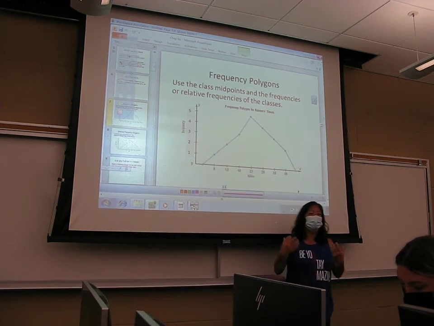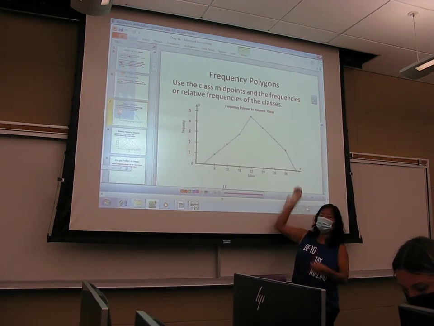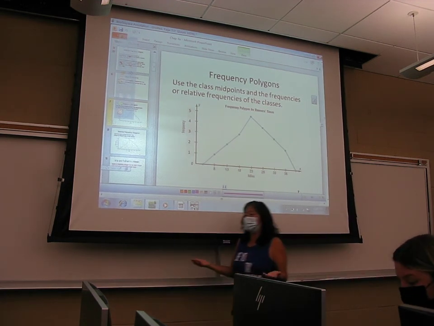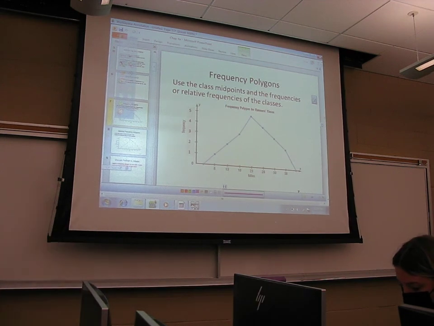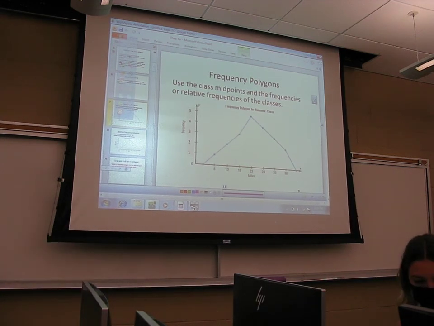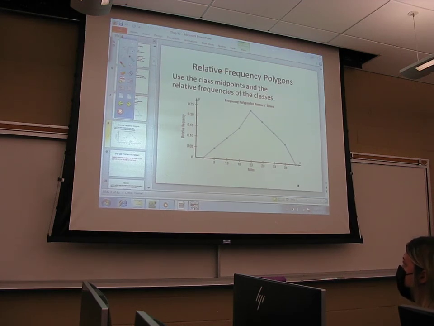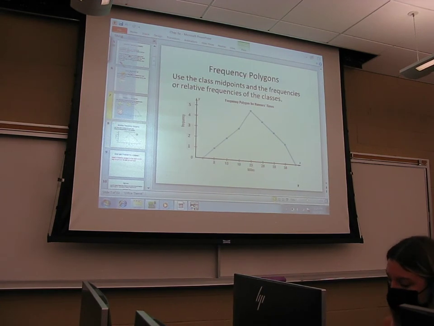So you make an imaginary class at the beginning and the end. The frequency of those classes has to be 0, because there's nothing in there. Then you draw lines connecting them. Here is the relative frequency polygon. The only difference between these two things is the frequencies along the side.